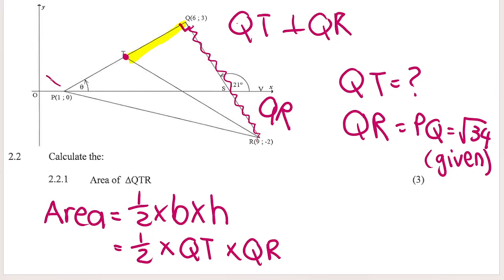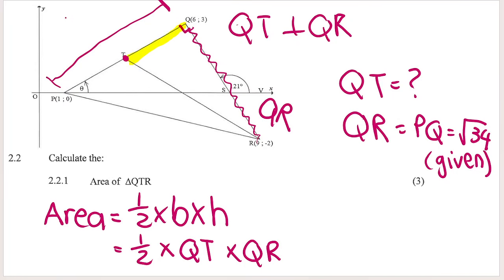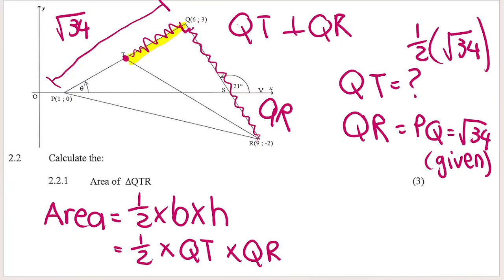If we know PQ is the square root of 34, and T is the midpoint of that line, then TQ or QT, this piece over here, must be half of the square root of 34. That should make sense because T is the midpoint. From P to Q, that whole line over there is the square root of 34. Then Q to T, half of it, must be half of the square root of 34.